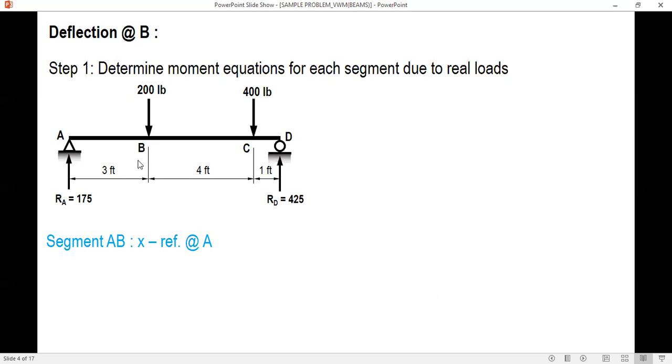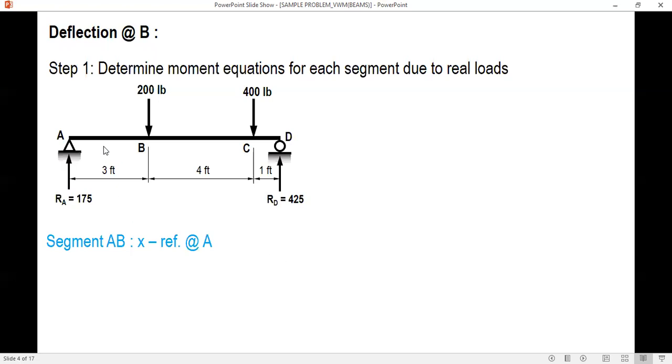The first one is for BC with the reference at B, while in the alternate solution for segment BC, the reference is at A, and we'll compare if it will give the same answer.